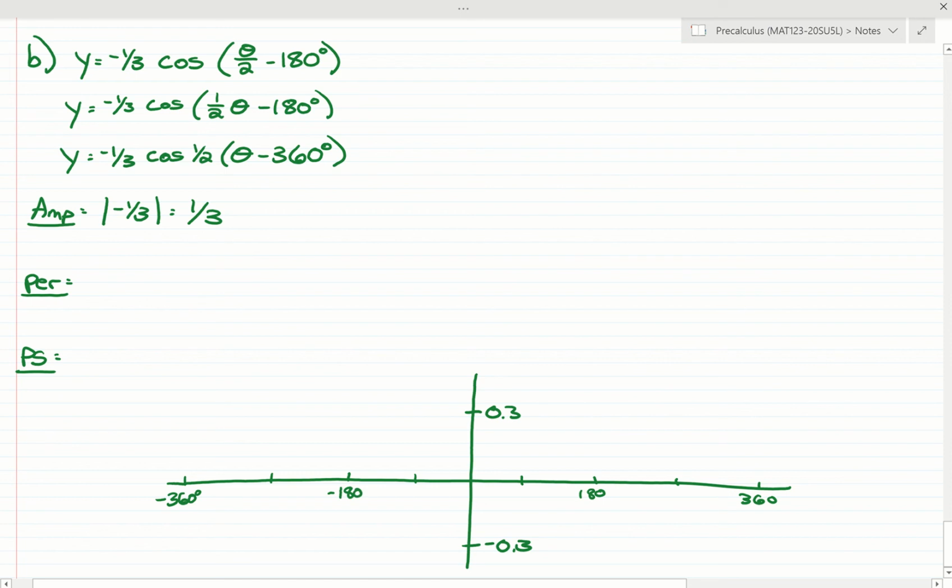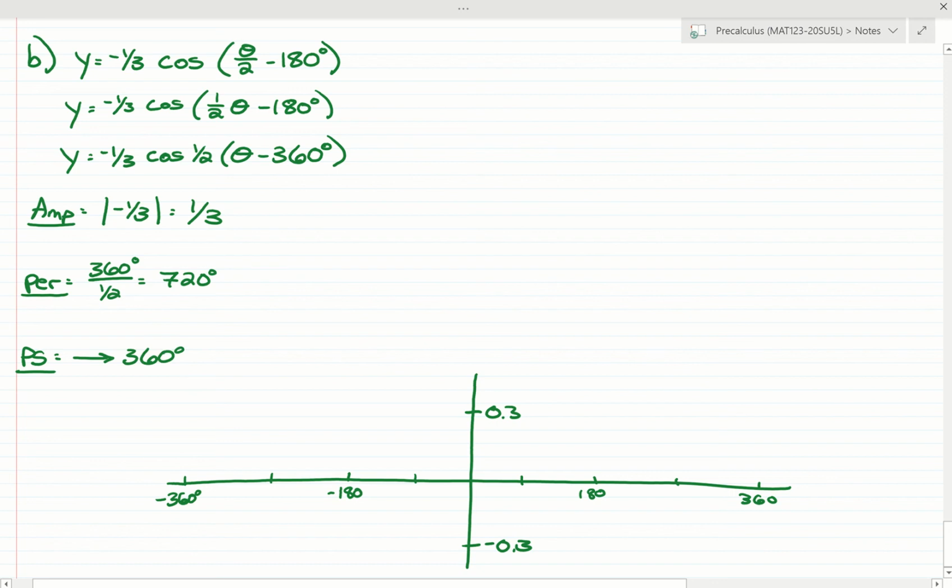And let's figure out the period. We're going to take the normal period of cosine, which is 360, and divide it by 1/2, which gives us 720 degrees. So this is going to be stretched out. And the phase shift, the graph is going to look like it moved to the right 360 degrees.